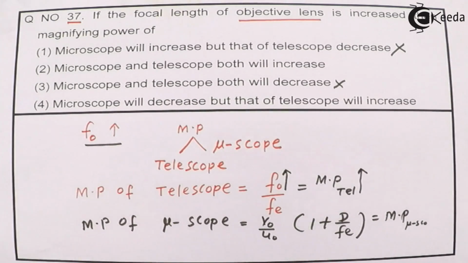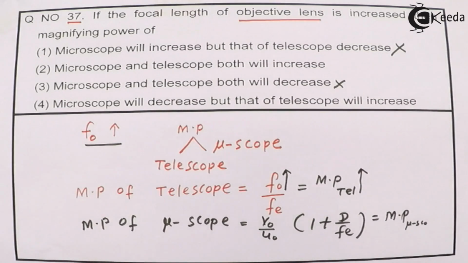We know that for a microscope, this V0 is the image distance, where the image is formed, and the object distance is in front of the objective, the first convex lens.